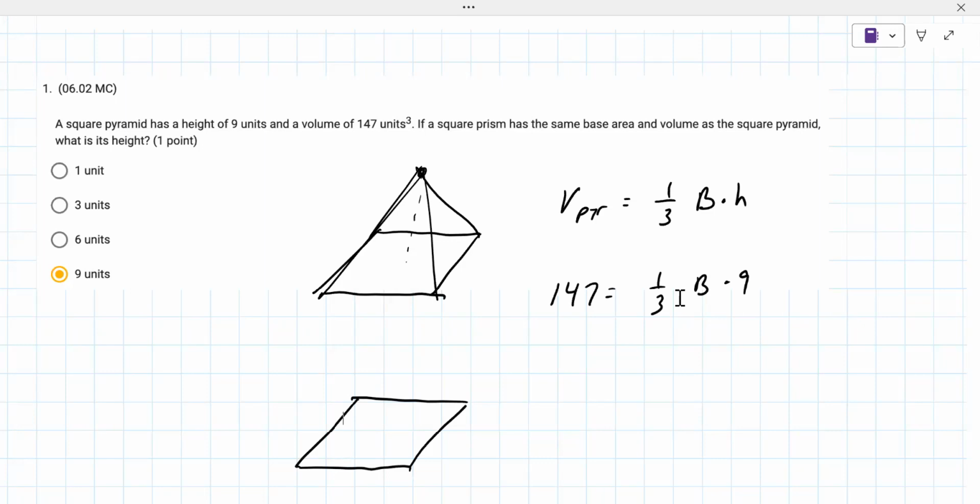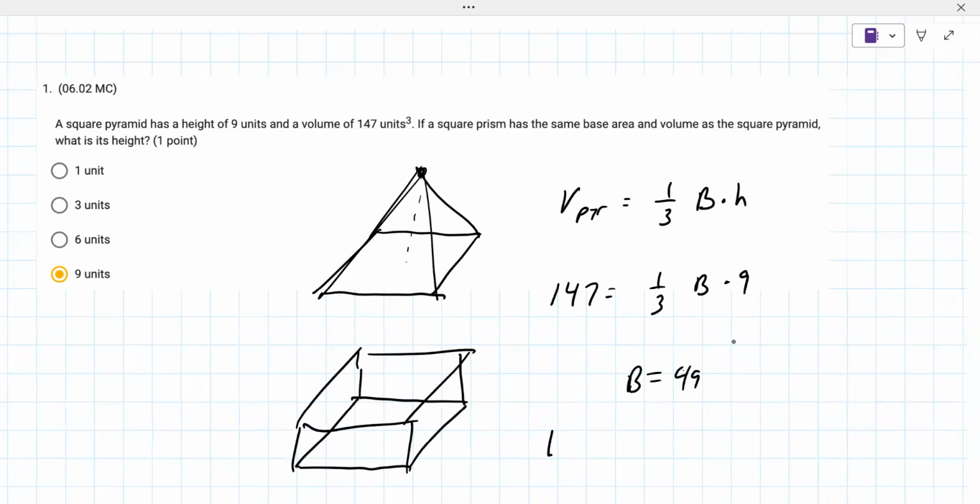And it's 147. I got 49. Okay. So the base is 49.